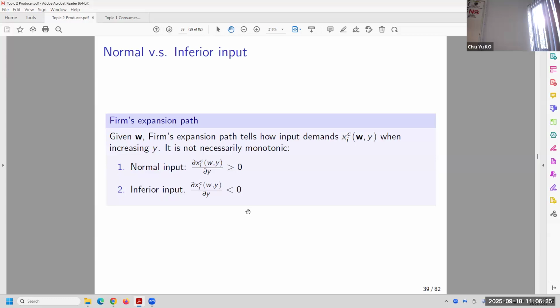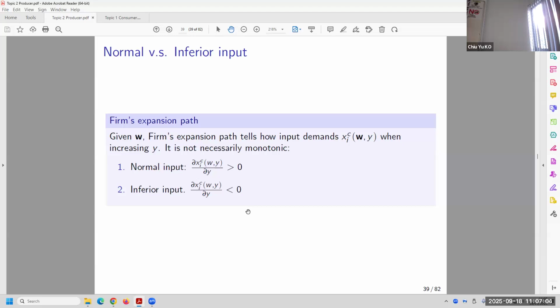It can increase, it can decrease, depending on your technology. For example, imagine I do some calculation. A calculator, initially, is a normal input. I mean, using my hand to calculate is very slow, but if you give me a calculator, in the beginning it's very good.